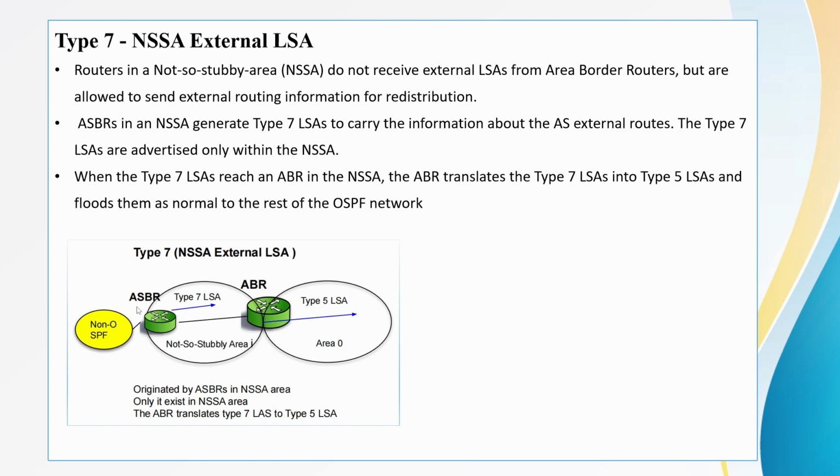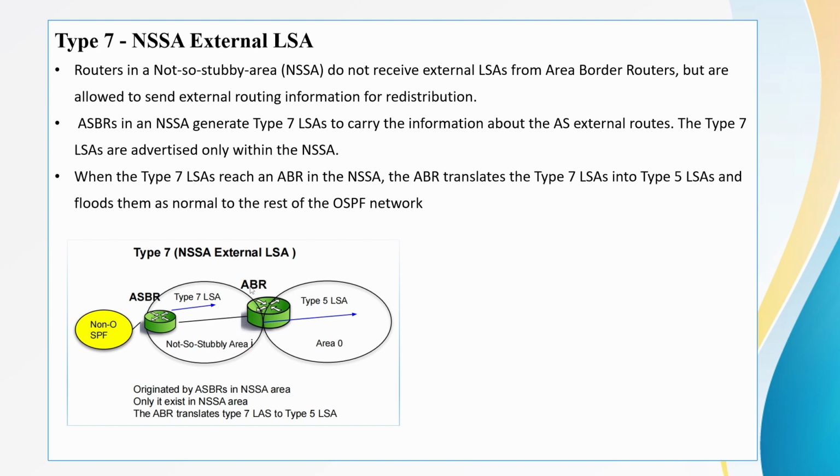So the diagram below just illustrates this concept. This area here is a not-so-stubby area. The not-so-stubby area does not allow type 5 to be flooded in. So the ASBR redistributes the external routes into OSPF, and it generates the type 7 LSA and floods this type 7 LSA within this not-so-stubby area.